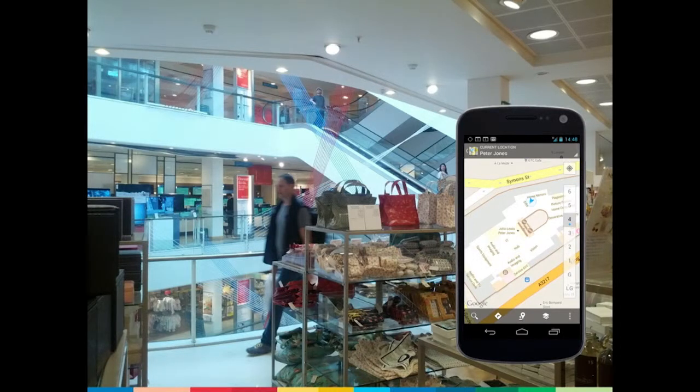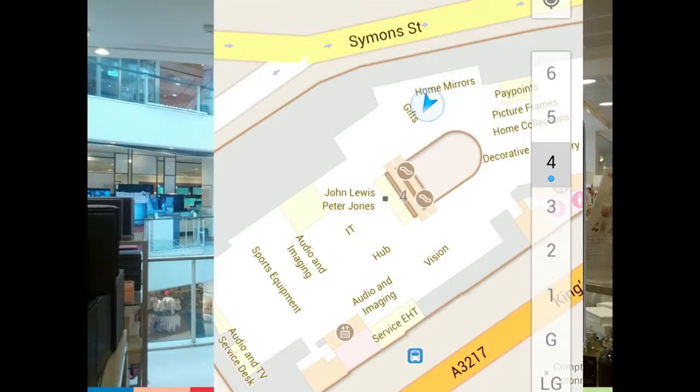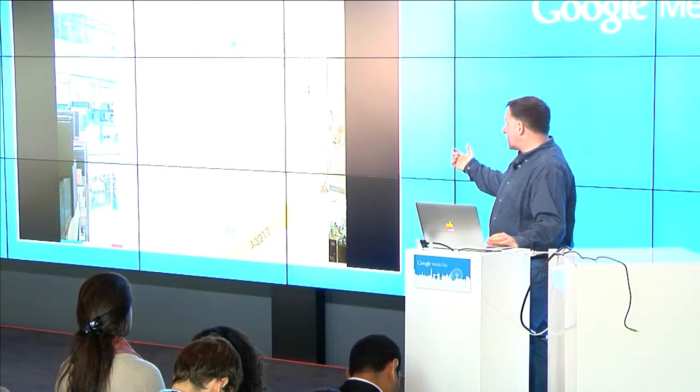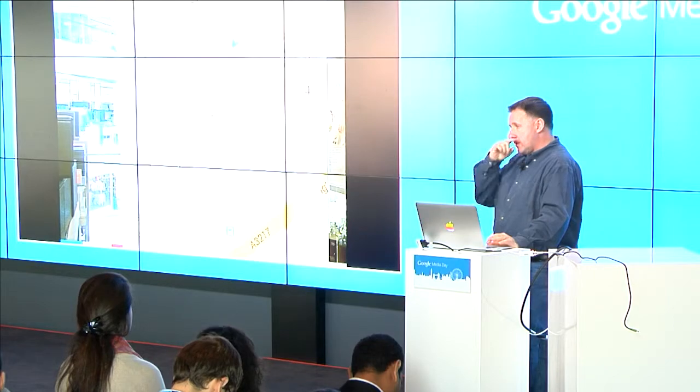Let me zoom in, that represents your actual location, which is fantastic. You can find out whereabouts you are, where the other departments are. Peter Jones is a relatively simple store, but somewhere like a big railway station or an airport, this is really, really valuable. And it works accurately enough to locate you within a few meters, so you know certainly which department you're in or which gate you're near if you're at an airport.